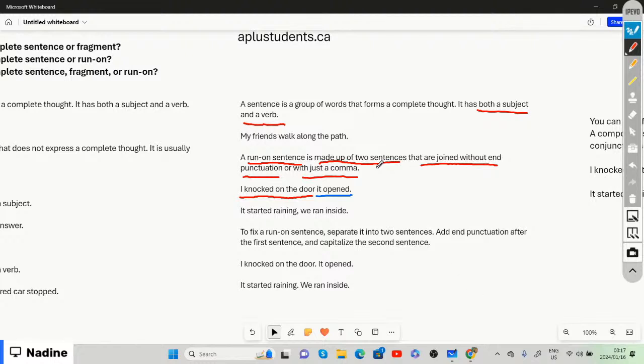Because here it says I, which is already a subject on its own. Okay, let me remove that so we can see. So the word I, I'm going to write it over here. The word I is our subject, and knocked is our verb.